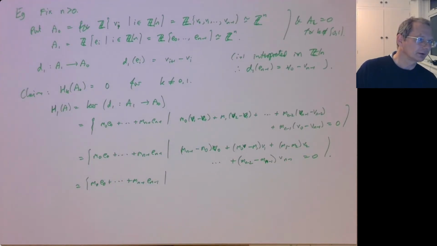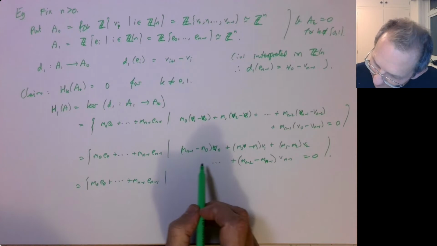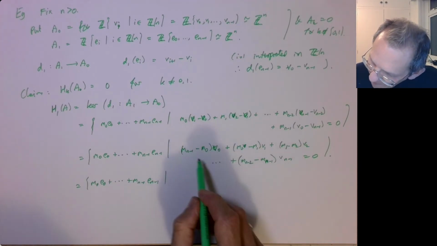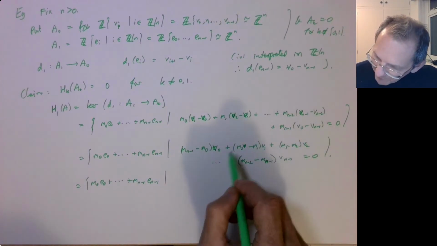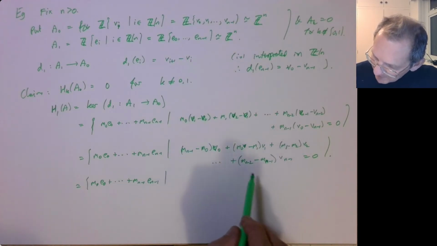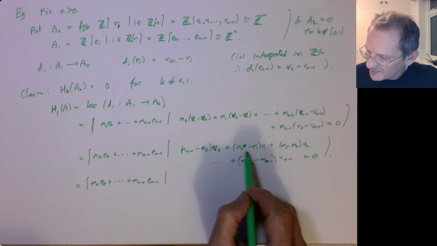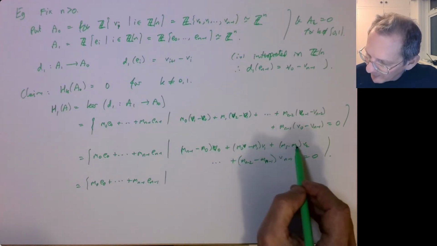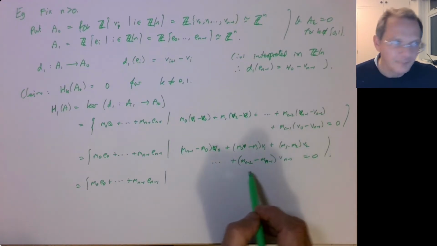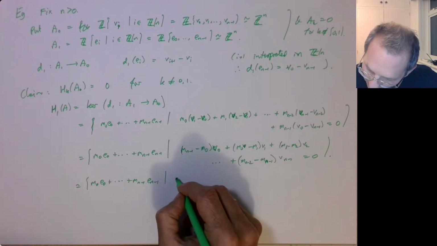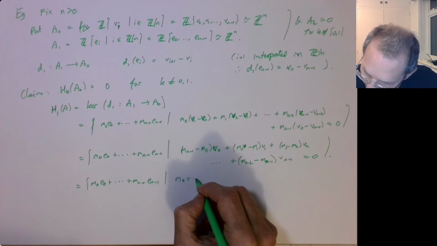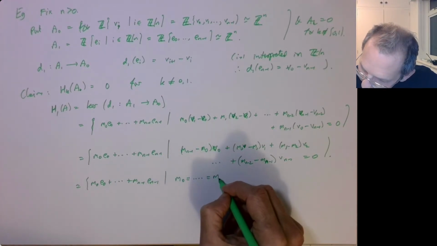So the condition here is, in order for this to be 0, this is a free abelian group, so all these coefficients have to be 0. But what does it mean for the coefficients to be 0? For this coefficient to be 0, M0 has to be equal to M1, and then M1 has to be equal to M2, and M2 has to be equal to M3, and so on. So the condition is just that all the Mi's should be the same.